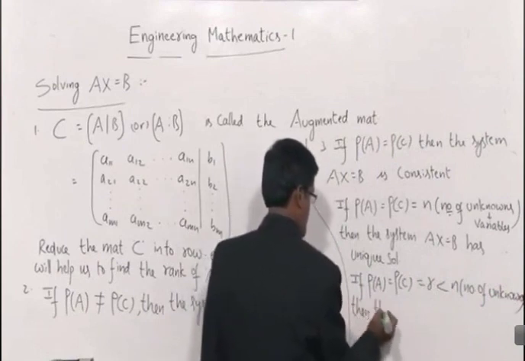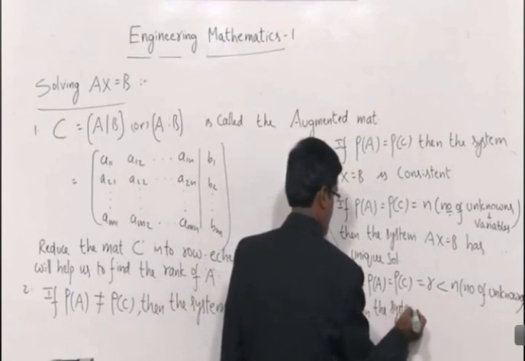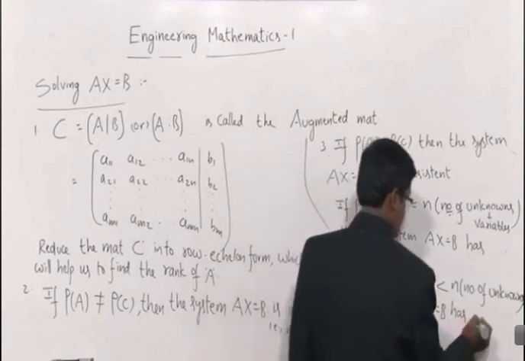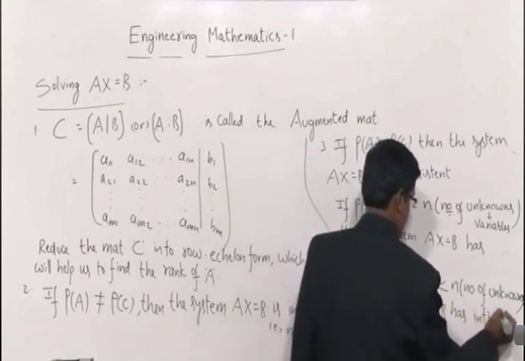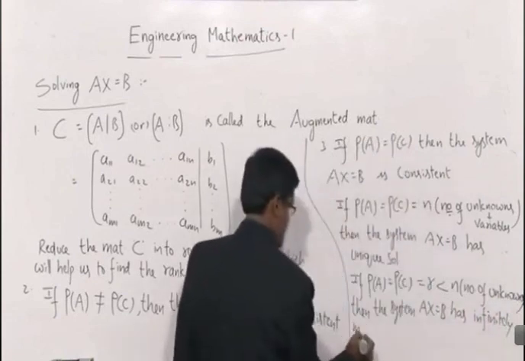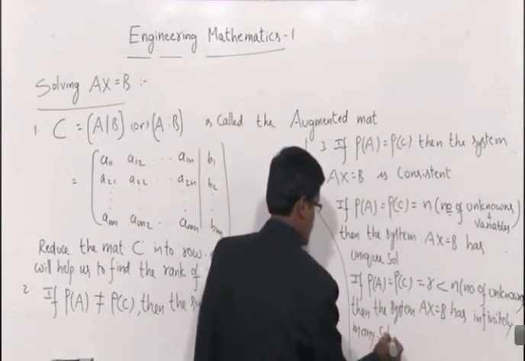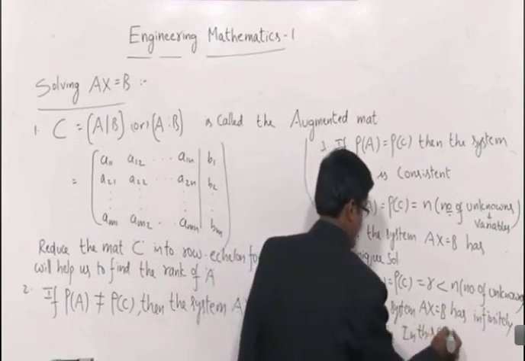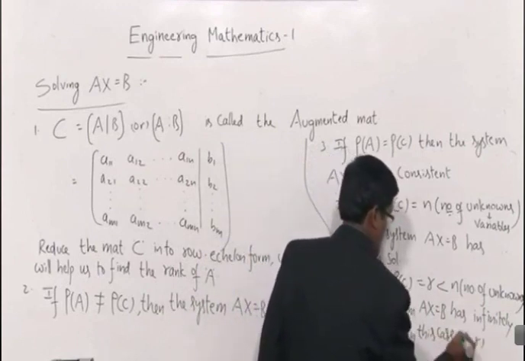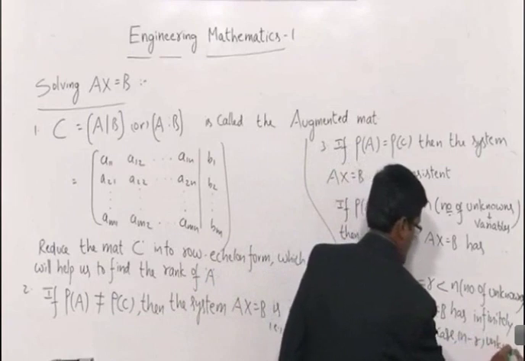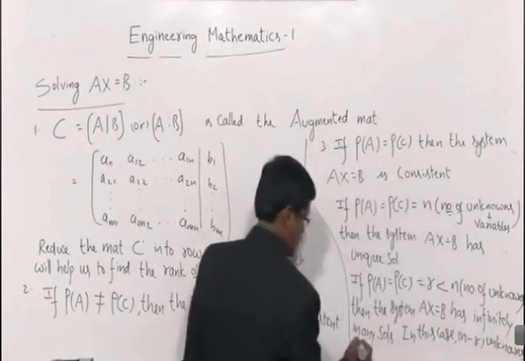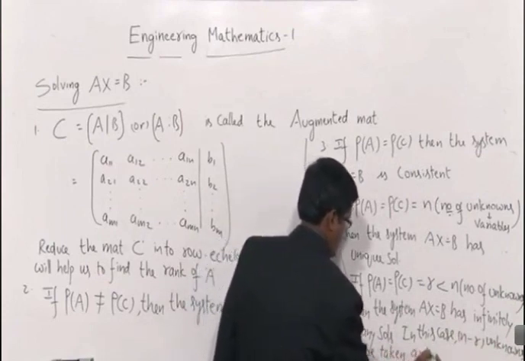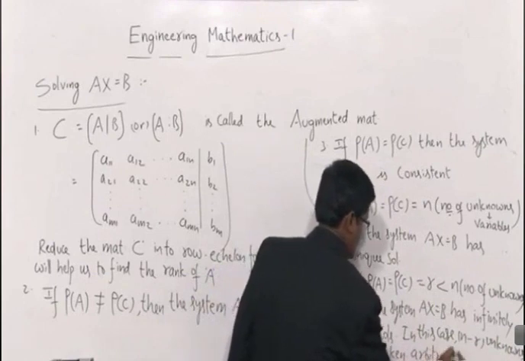then the system Ax = B has infinitely many solutions. In this case, n minus r unknowns are to be taken arbitrarily.